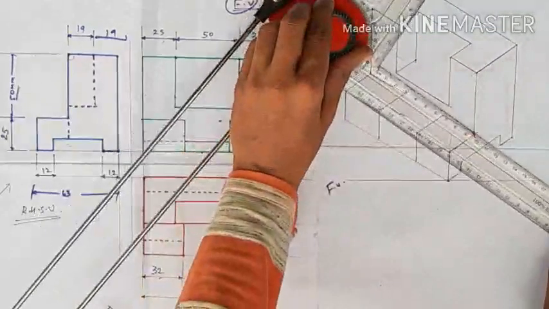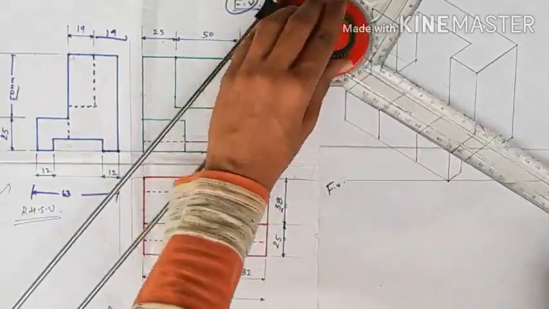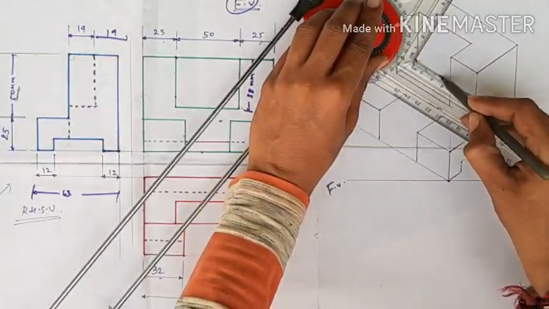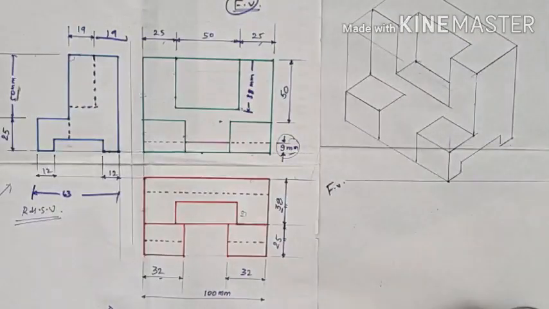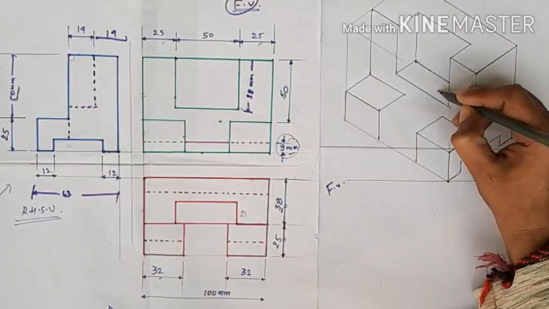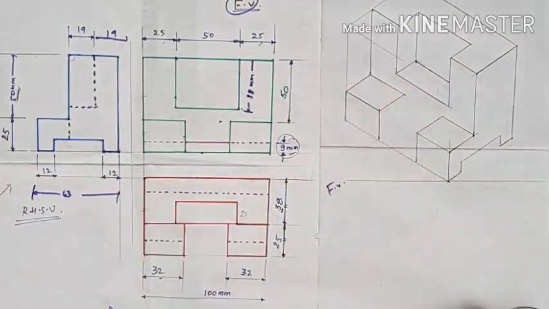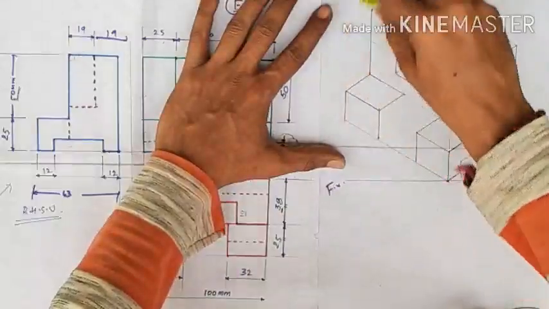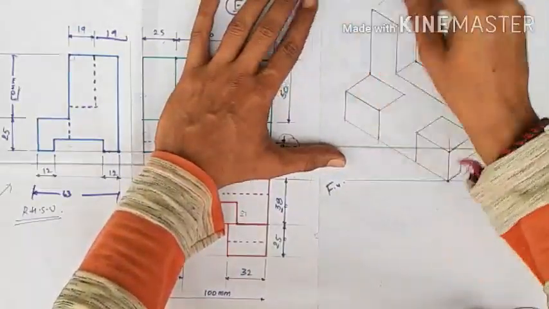Make again a parallel line like this, and start joining from here. So this looks like that, and now we see this from the top view. So this is like this. Again erase all the extra lines.